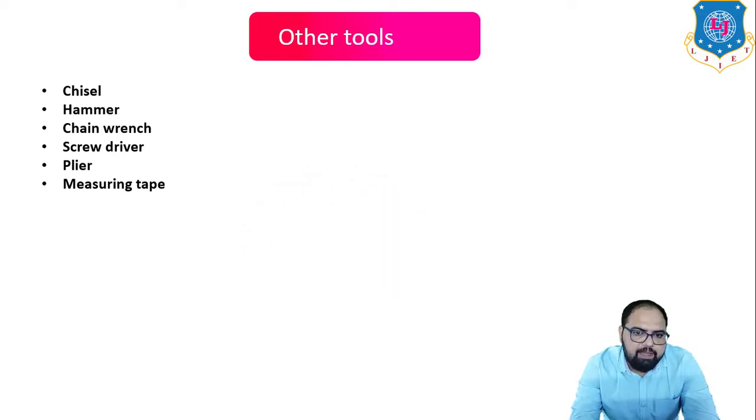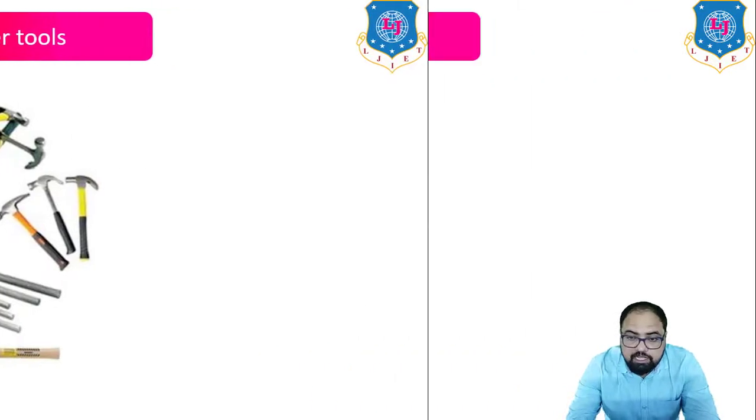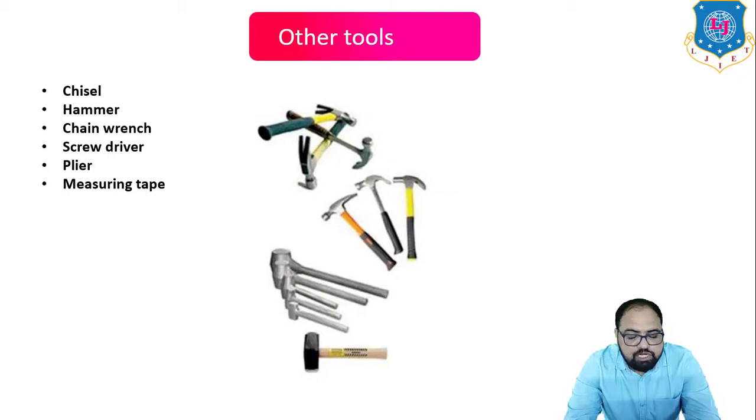Next is the hammer. Hammers are used as general purpose workshop hand tools for straightening sections, riveting, striking nails, and inserting keyways and fitting by striking.